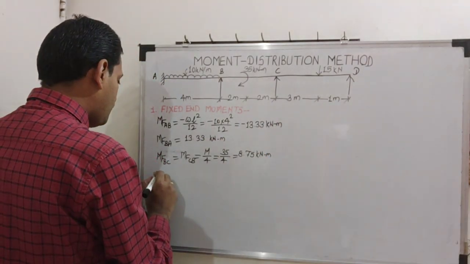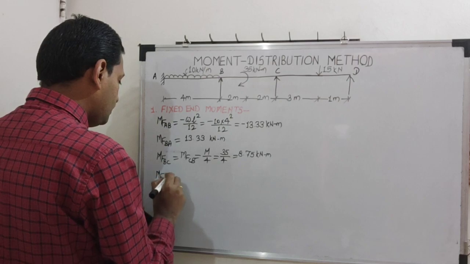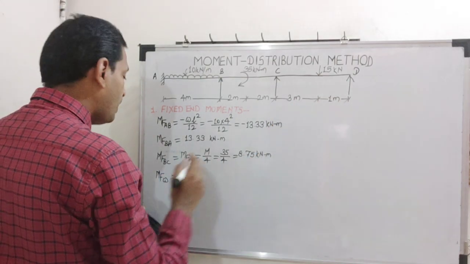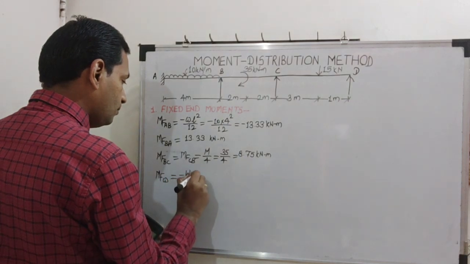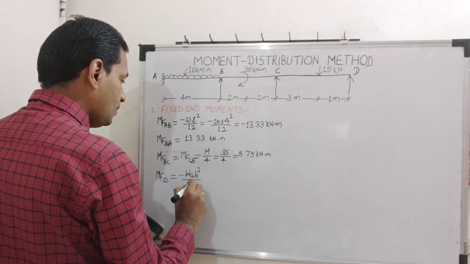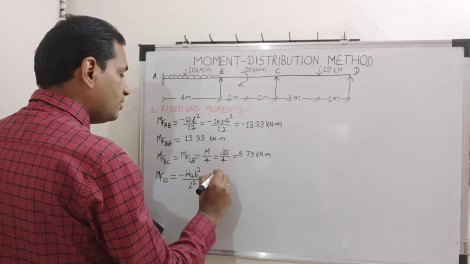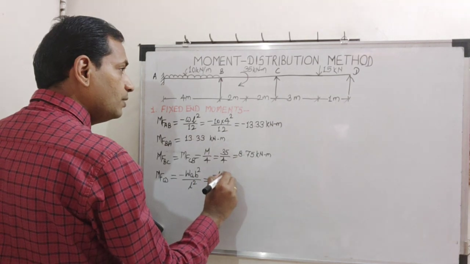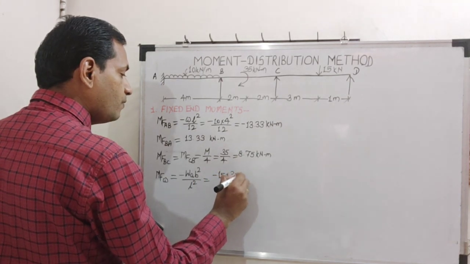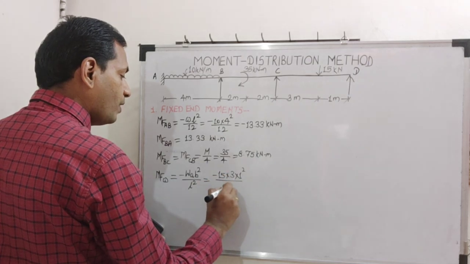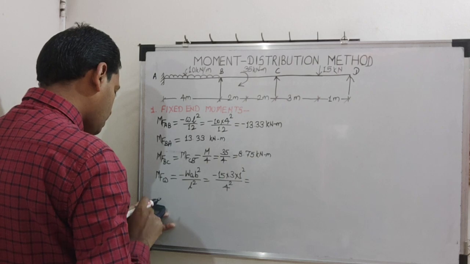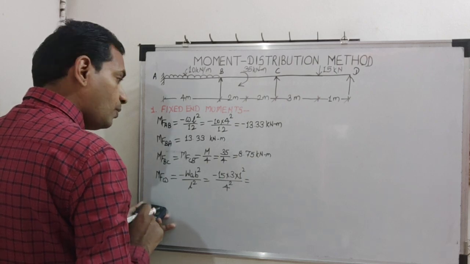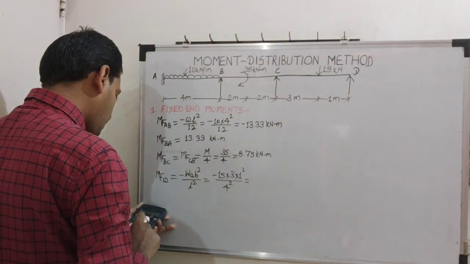Then MFCD. For the CD span we have an eccentric point load, so it is minus W A B square by L square. Minus 15 into 3 into 1 square upon 4 square. So 15 into 3 into 1 square upon 4 square is 16.